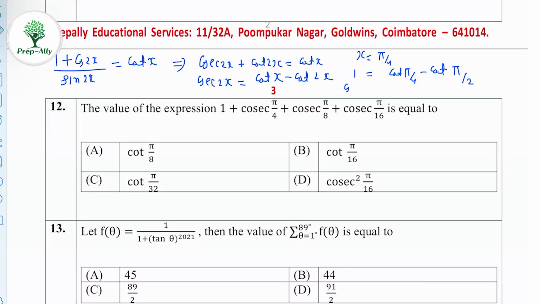So I'll get cosecant pi by 4 is equal to cot pi by 8 minus cot pi by 4. And so on, you have to substitute. When you add, you can see that these terms will get cancelled. So finally, what will you get? Cot of pi by 30.